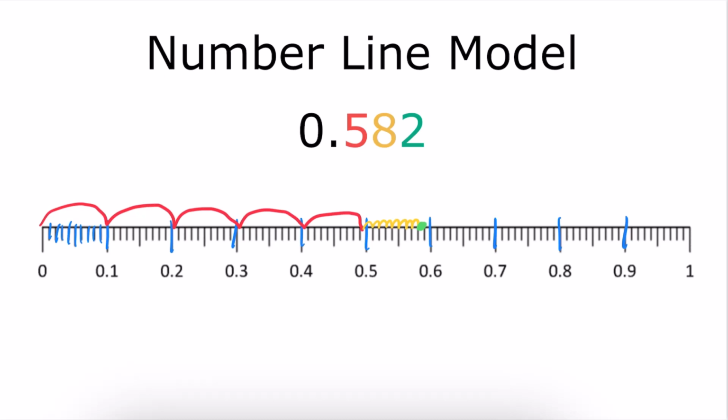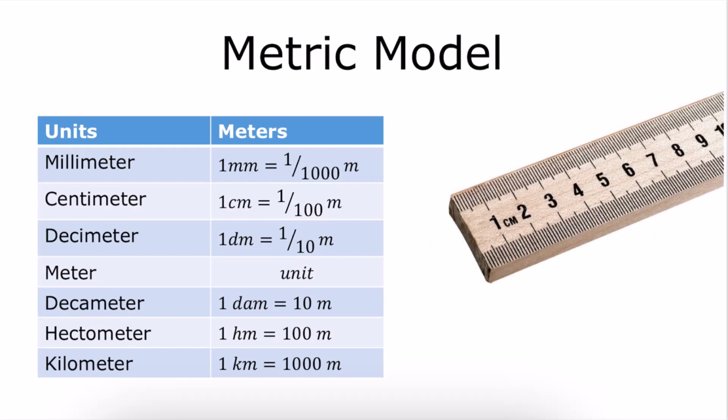And this number line model for decimals is very relevant to the metric system of measurement because the metric system for measuring one-dimensional length is based on the unit of a meter. And if you stick 10 meters together, you get a decameter. 10 of those put together makes a hectometer, and 10 of those makes a kilometer.